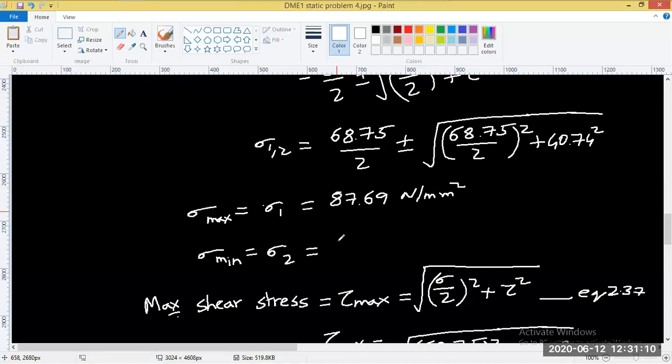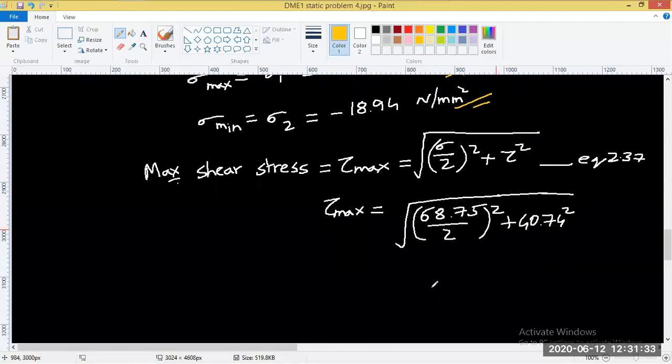I'm getting minus 18.94 Newton per mm squared. So you can just verify this. So this is our required answer here. Both of these values are the required answers.